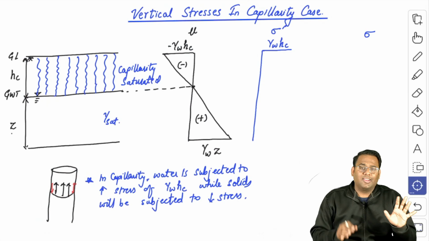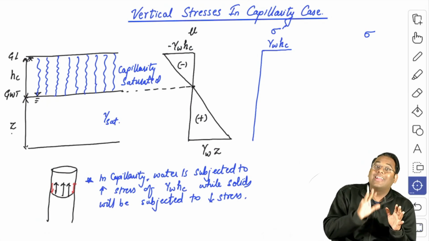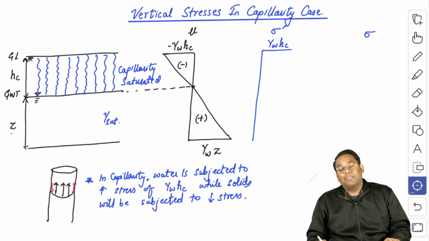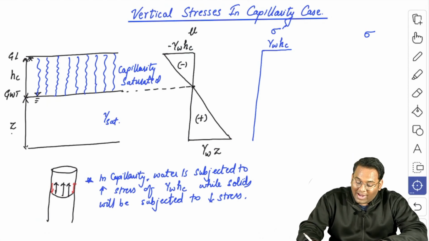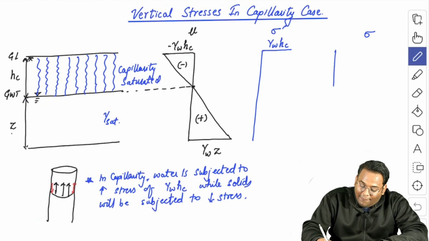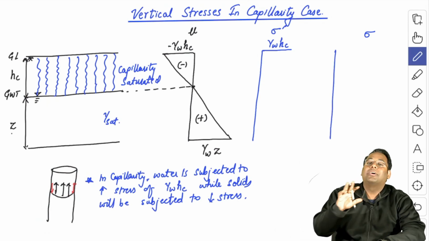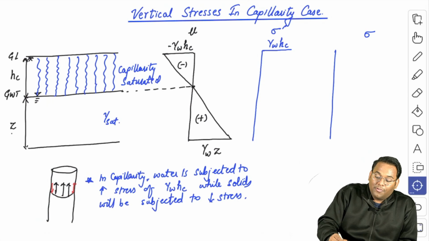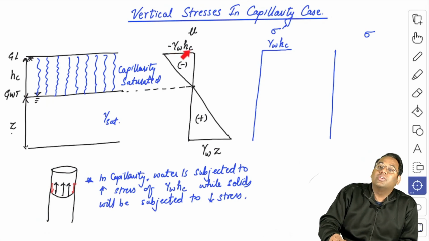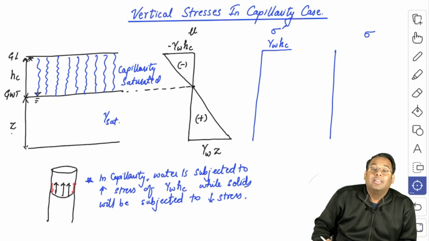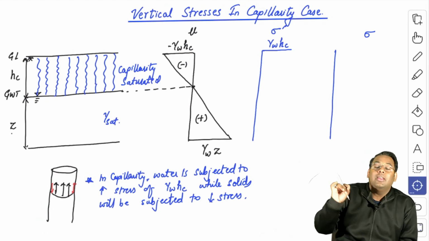In all the cases, if water is present, then the total weight of the soil will increase with gamma saturated. So the value of total stress will increase with gamma saturated, and as this force, gamma W into HC, is actually an internal force for the overall system, it will not affect the total pressure.